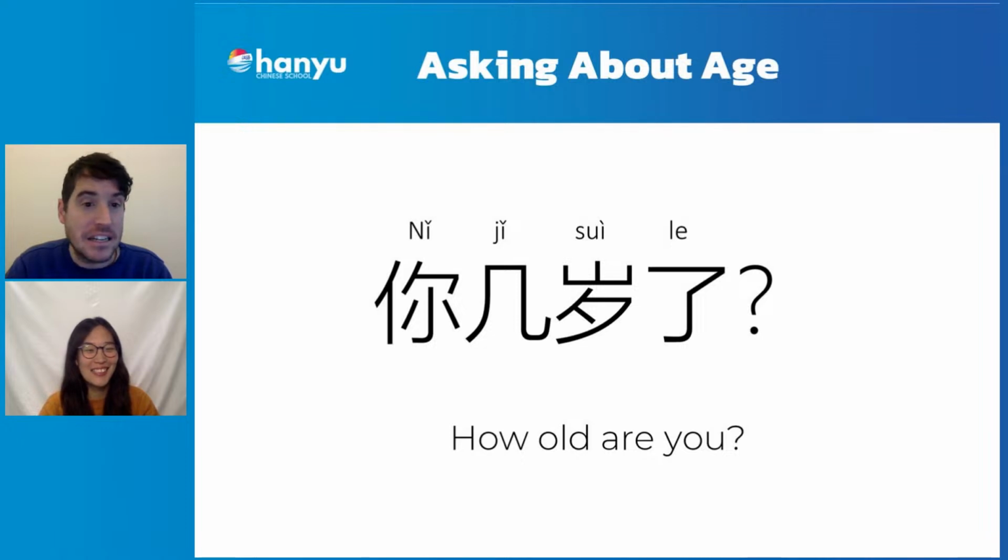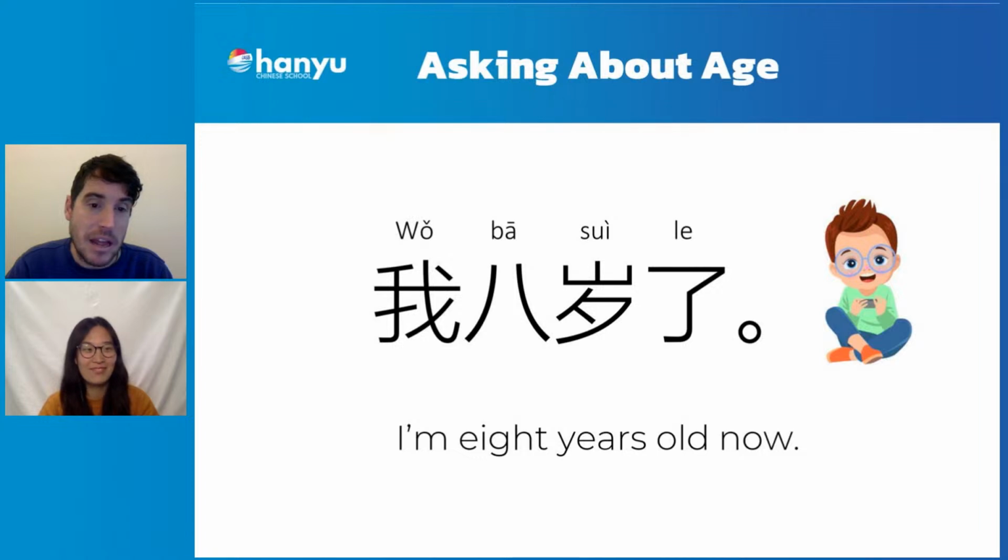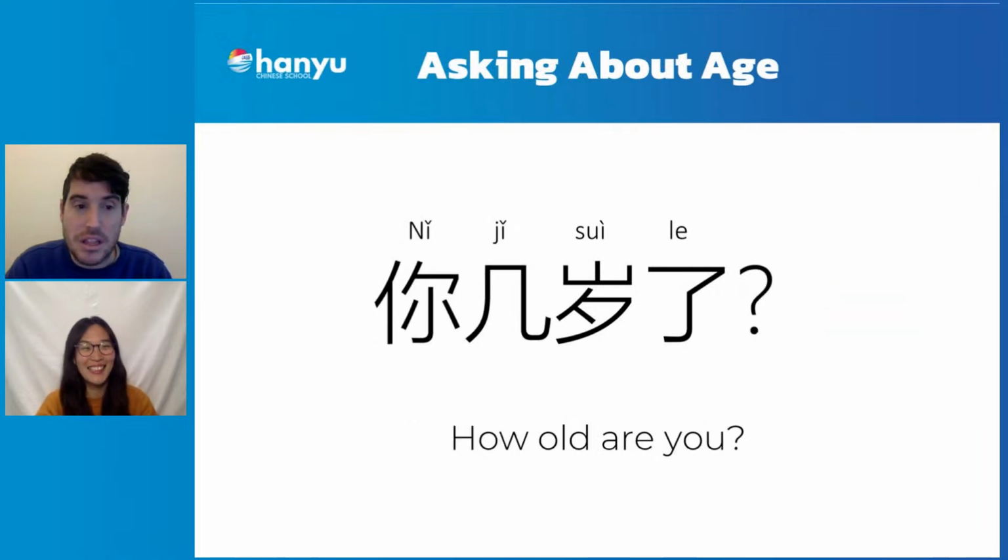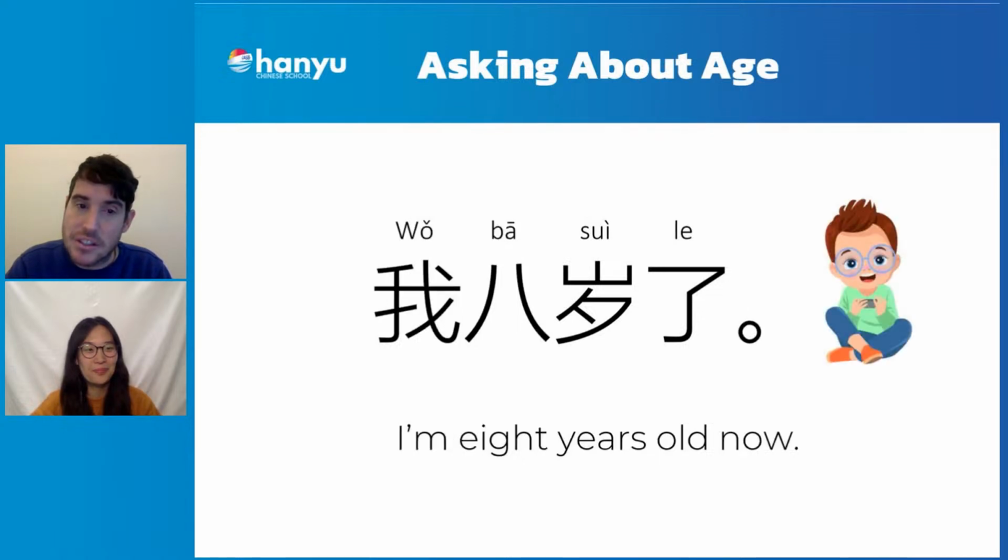So we can imagine how we will reply to this. We just replace the question word 几 with the number of your age. If we're 8 years old, what would we say?